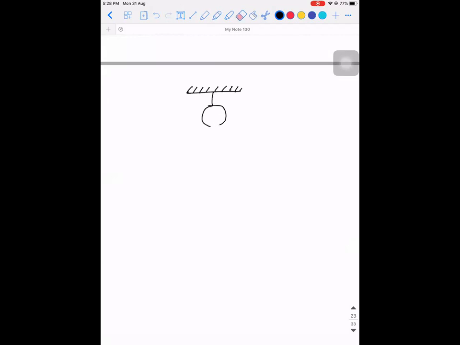So there is a pulley across which there is a string that is connected. This is M3. Okay, so they are connected like this.